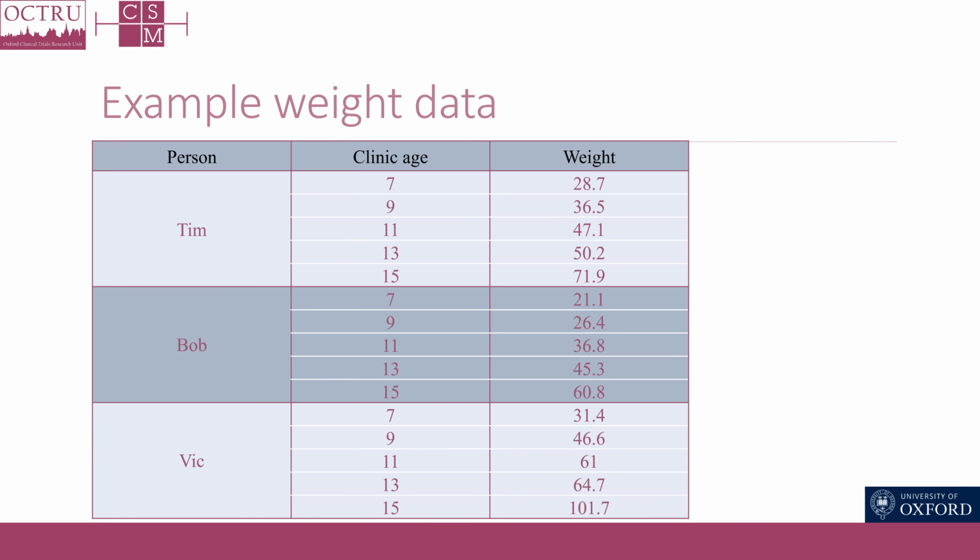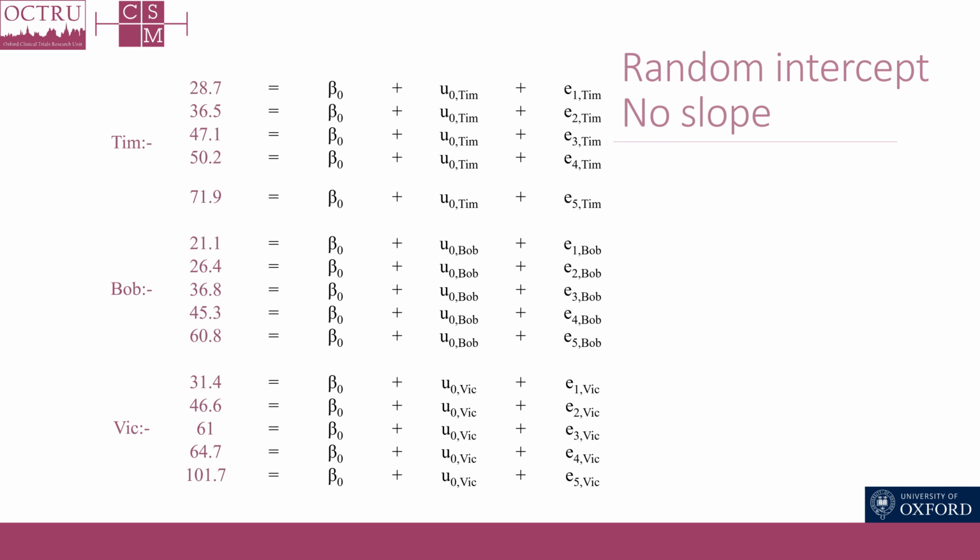Let's make things a little bit more concrete and give some names to our blue, green, and red dots. And let's say that we have Tim, Bob, and Vic that visit a clinic at different ages, and their weight is measured. This first simple multi-level model is a prediction model for each individual's observations.